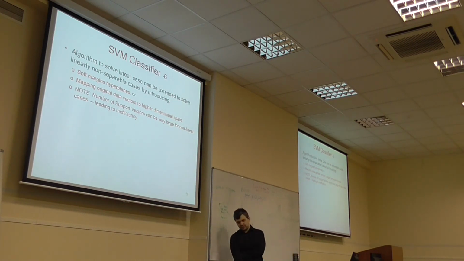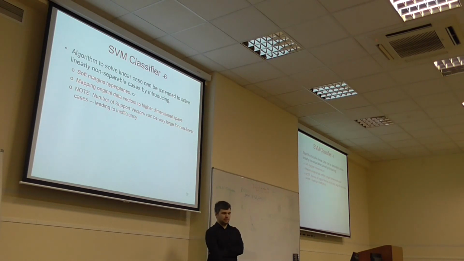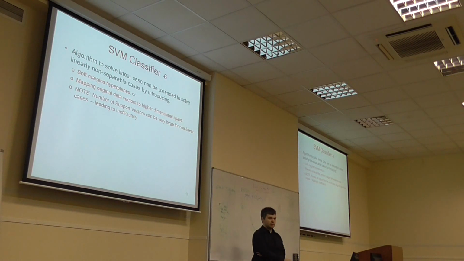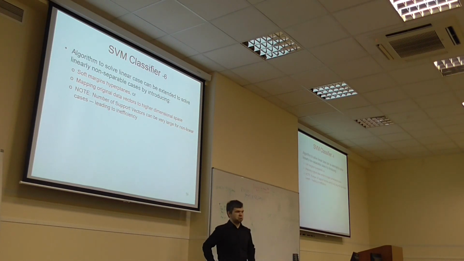So in this case, we will not be so strict in deciding which label it is. And another way, sometimes our data points are not really linearly separable. So what we can do, we can just use some function like Gaussian to map it to some high-dimensional space. And we think that in that space it could be separable, which quite often helps.